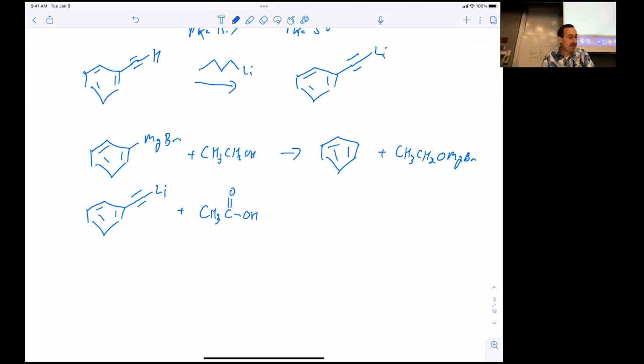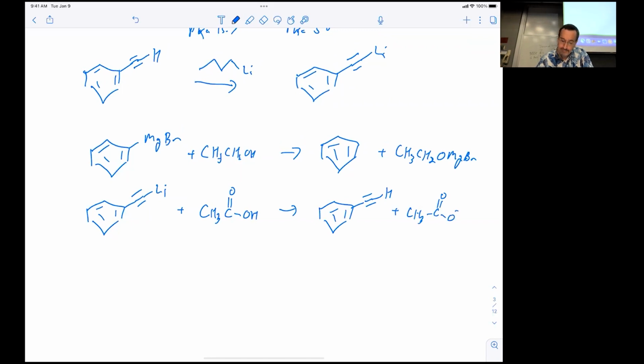The pKa is 4 or 5. Now we can really think of this as protonating the acetylide anion, or the lithium acetylide, like so.